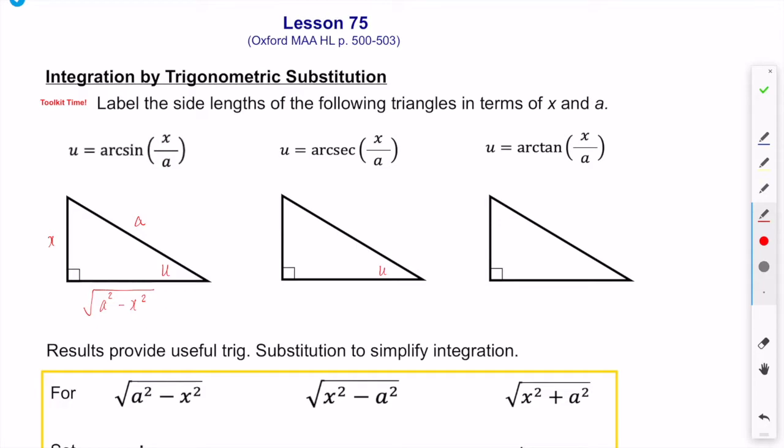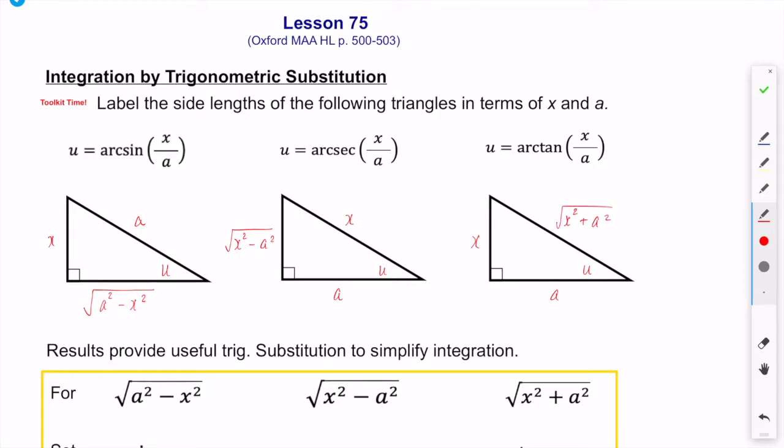In the second triangle, if I let u be here, secant is hypotenuse over adjacent, so x over a like that, making the opposite side from u the square root of x squared minus a squared. Last triangle, we have arc tan of u, or tangent of u, is x over a, making the hypotenuse the square root of x squared plus a squared.